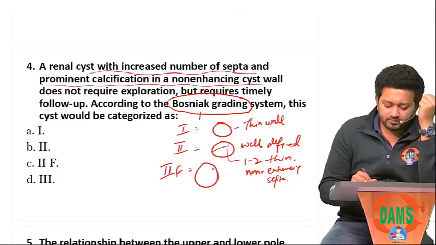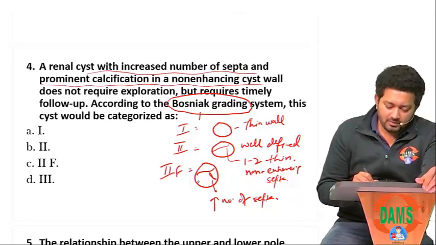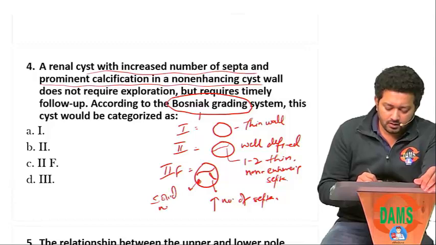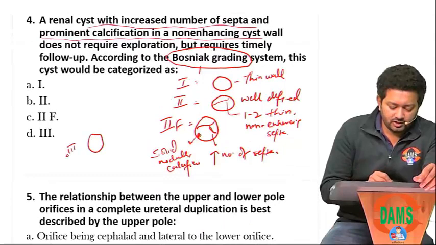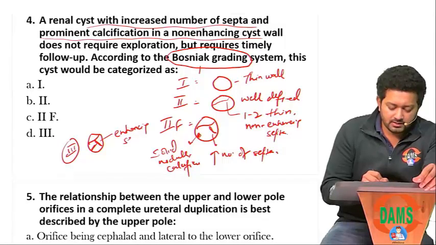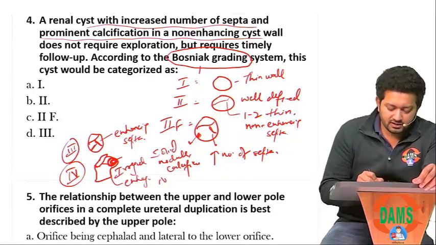2F is again an increased number of septa, and you might see a solid nodule or calcification, which is again non-enhancing. 3 is multiple enhancing septa, enhancing septation, and 4th is when there is an irregular wall and an enhancing nodule.